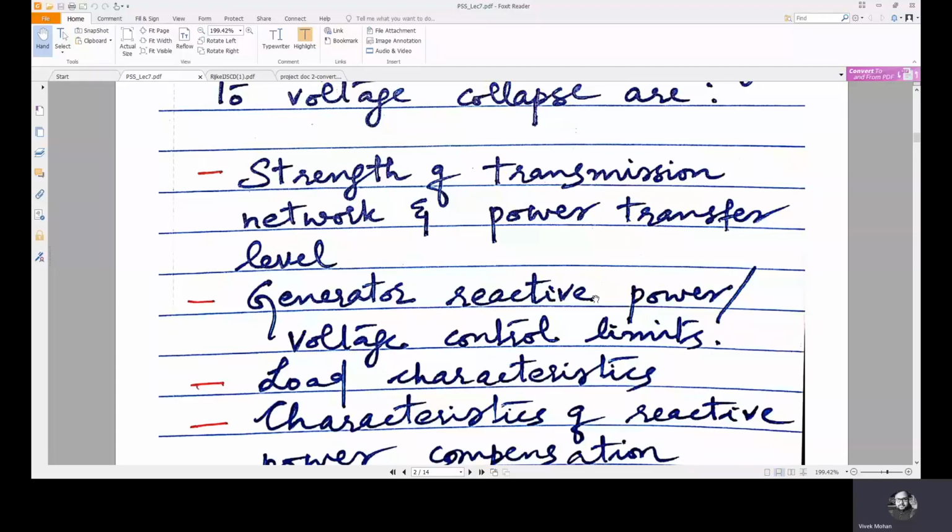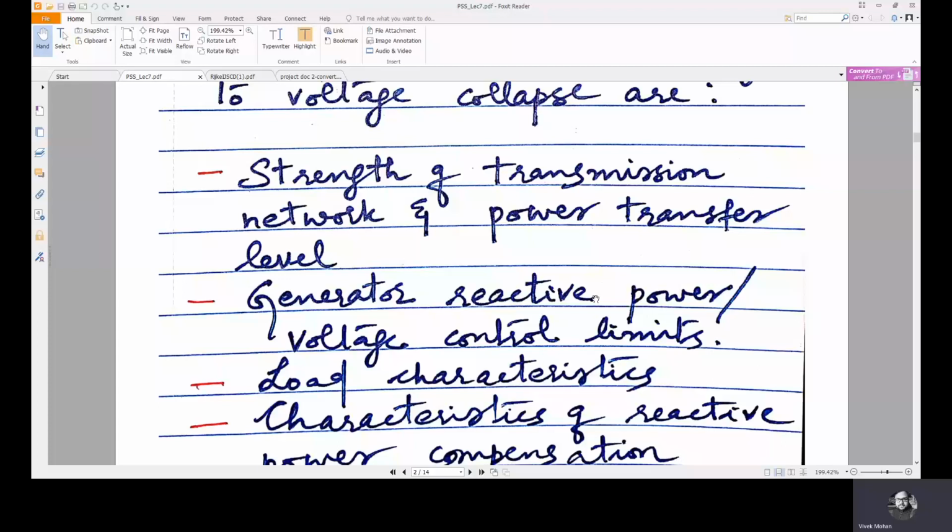Which means if a line has a specific maximum power carrying capability, and at present the line is carrying some power which is already near to the maximum power carrying capability, then the voltage of the receiving end bus to which this line is connected is vulnerable with respect to variations in active power transferred by the line.